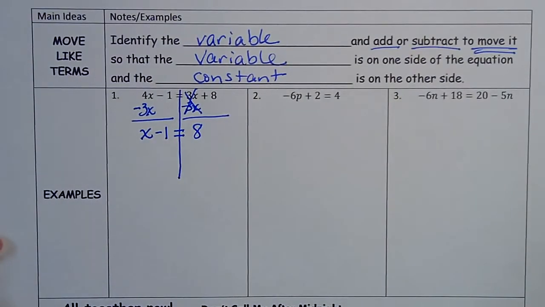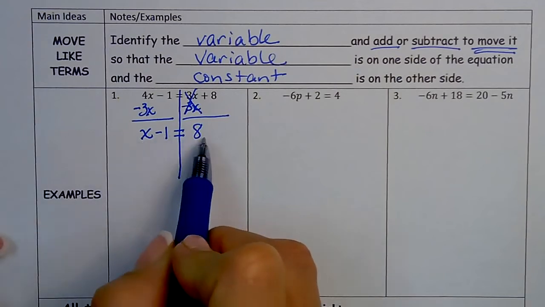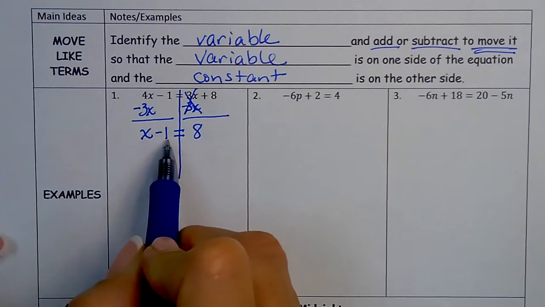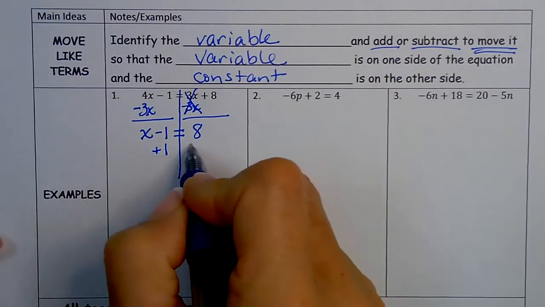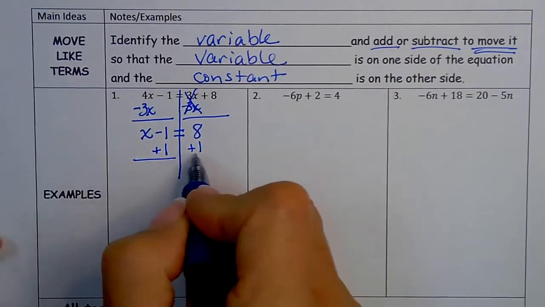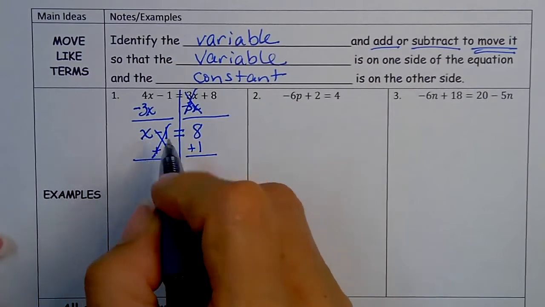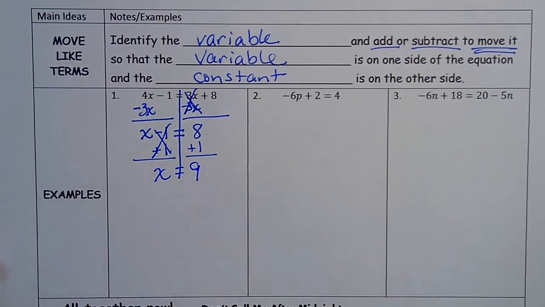Okay, so now I have added or subtracted so that I've moved my variable to one side. And now, since my variable's on this side, I need my constants on the other side. So I need to move -1. To move -1, I'm going to add 1 to both sides. That cancels, and I get x equals 9.